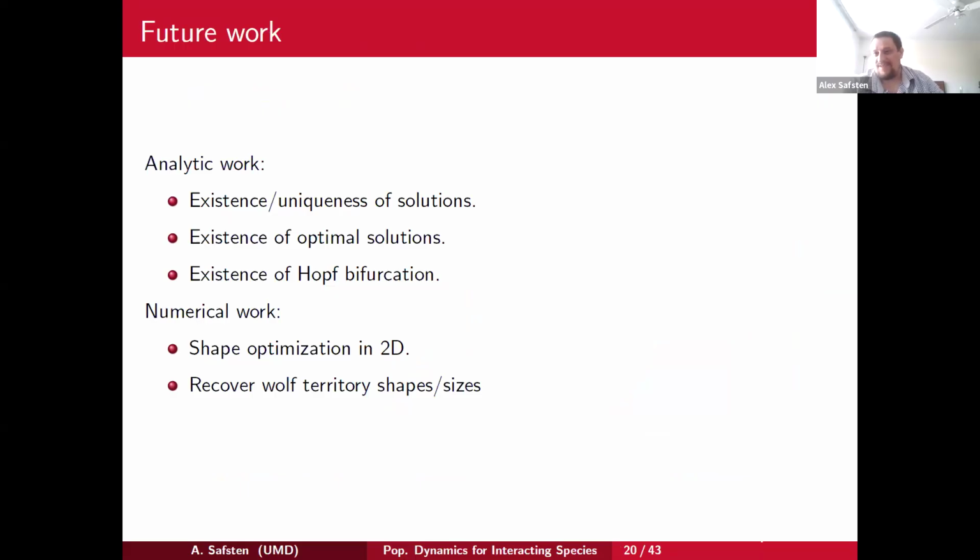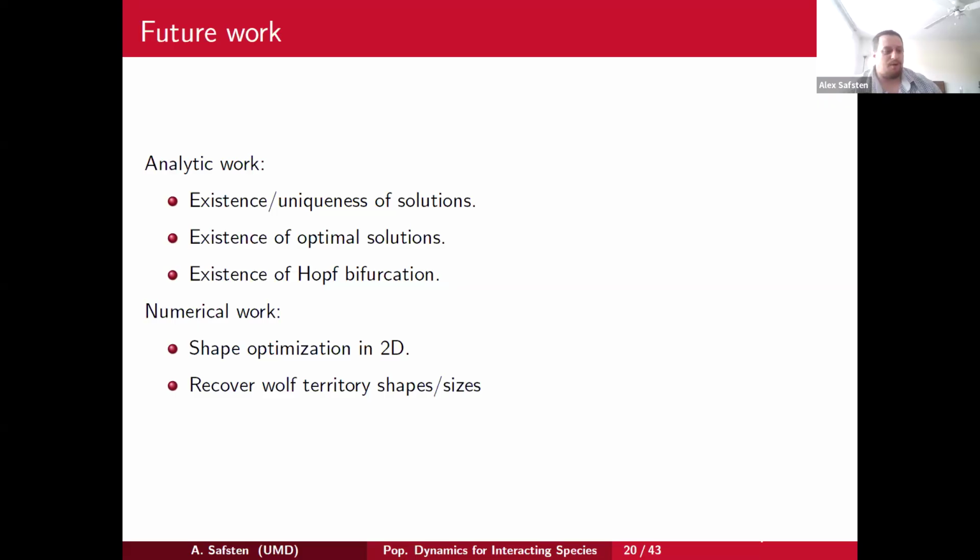It's difficult to prove its existence analytically, but it's something we'd like to look into. As far as numerical work, shape optimization in 2D would be excellent, and to be able to recover some of what is observed in wolf populations, if we can say that our model backs up these observed buffer zones between wolf territories, that would be a great justification.